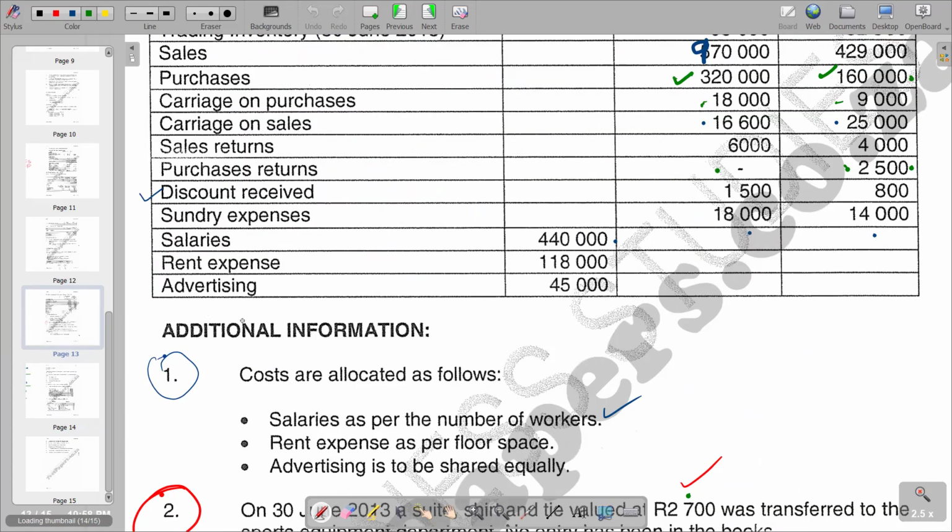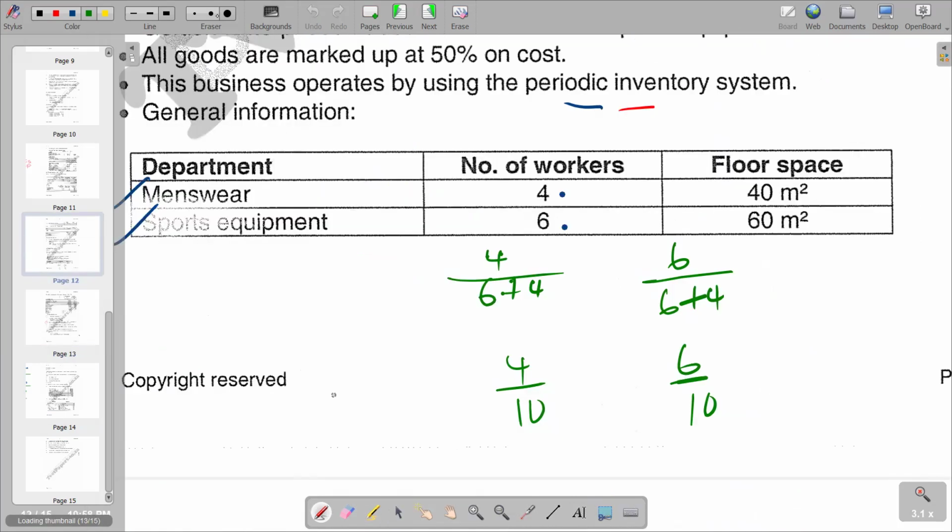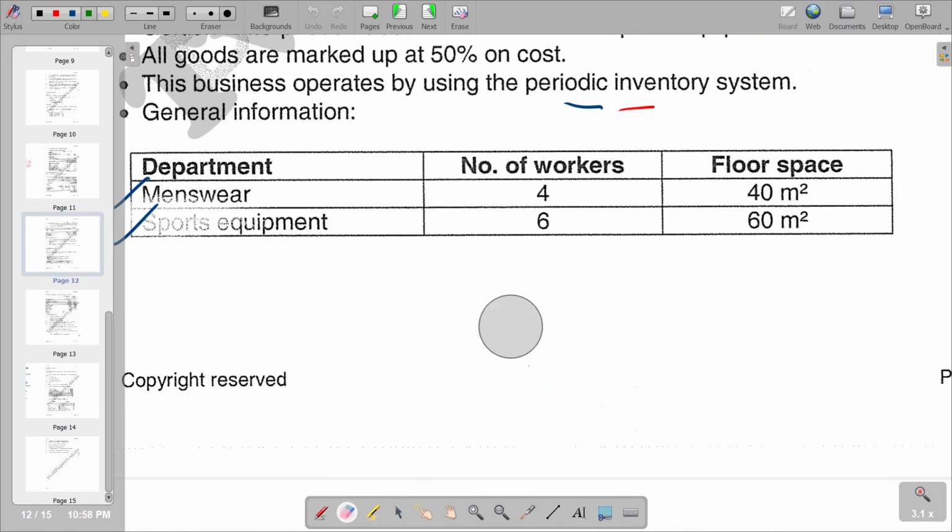After salaries, we have got rent expense. One figure again. We come again on additional information number 1. We're told that rent expense is per floor space. So check proportion of floor space. We see that for floor space, we're given it is 40 and 60. So the same thing for menswear.